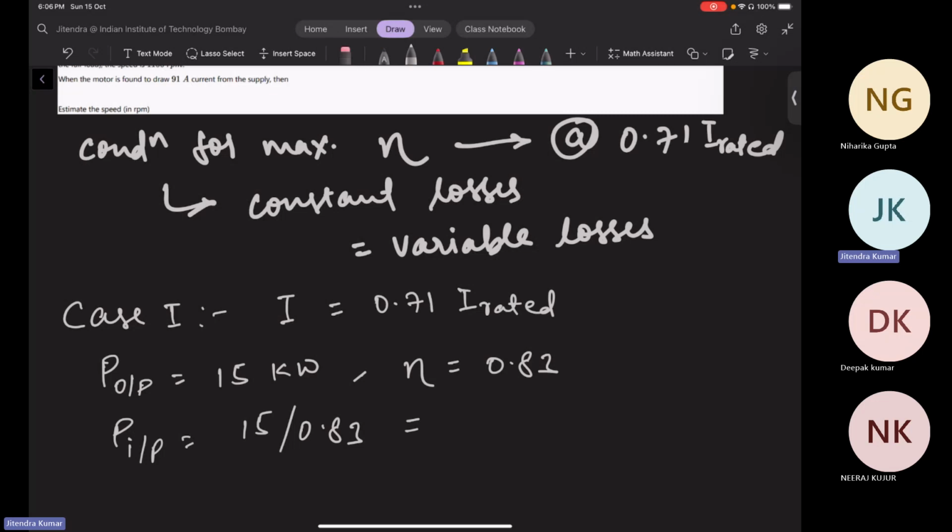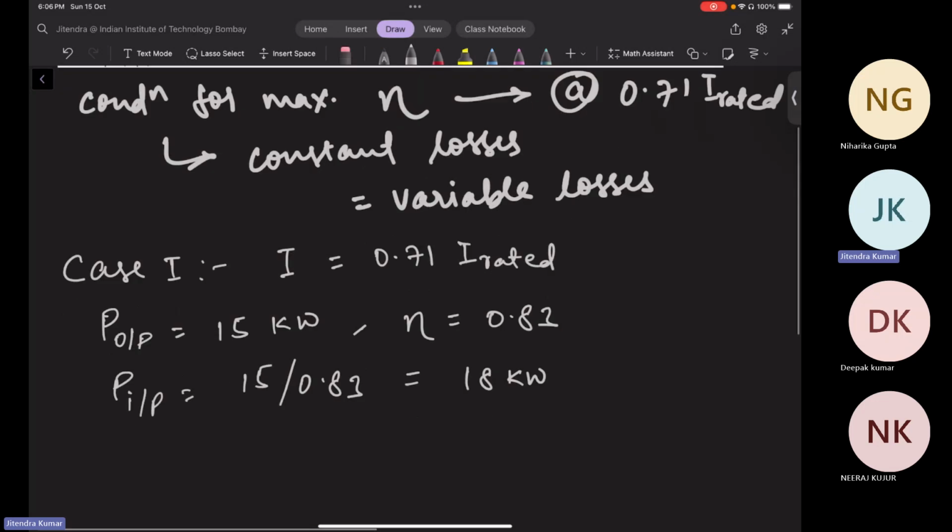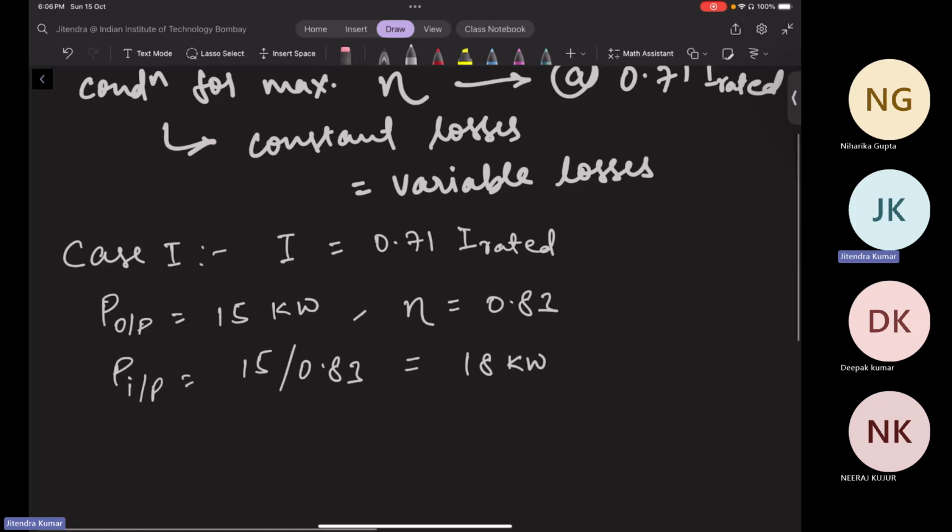It is approximately 18 kilowatt. Now, this we can write as equal to Vt into IL, okay?